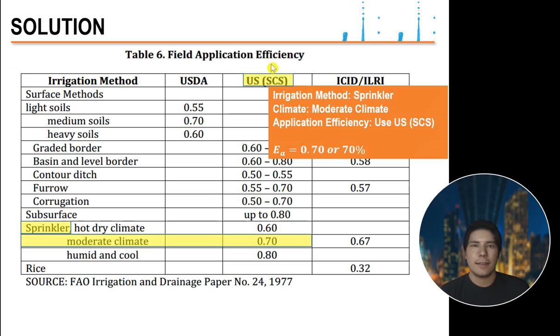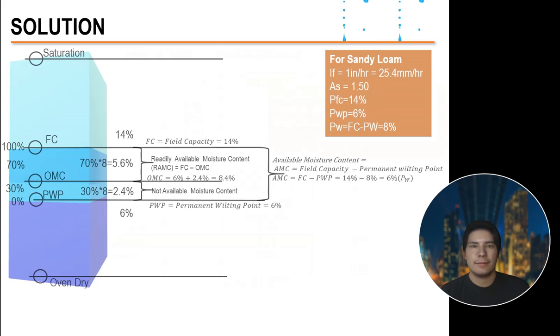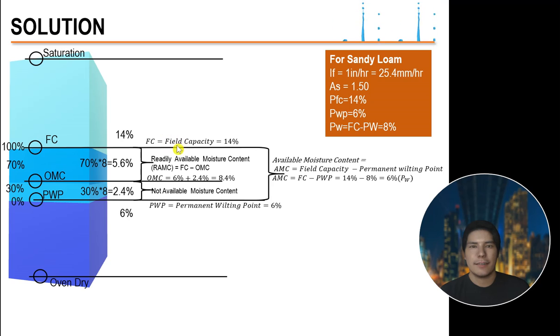So ngayon, for the field application efficiency, given yung irrigation method na sprinkler and we have this climate na moderate, so therefore yung field application efficiency natin is 70%. So, given itong field capacity na 14%, permanent wilting point is 6%, so bali yung available moisture content is, baliktad to, no?